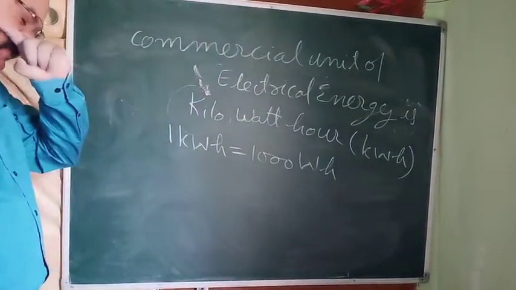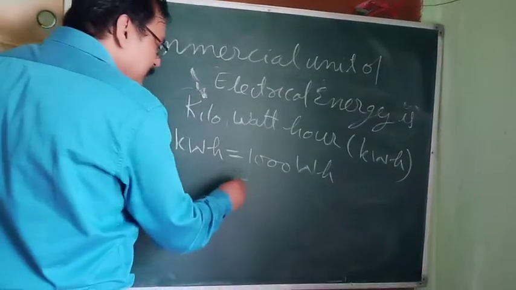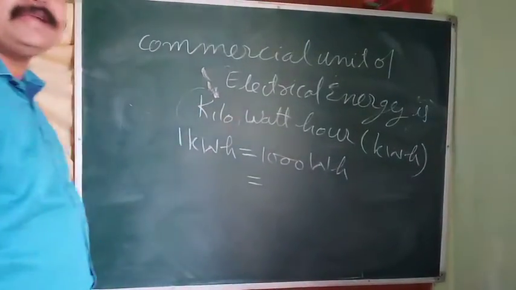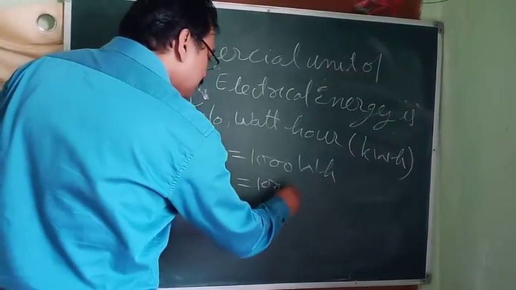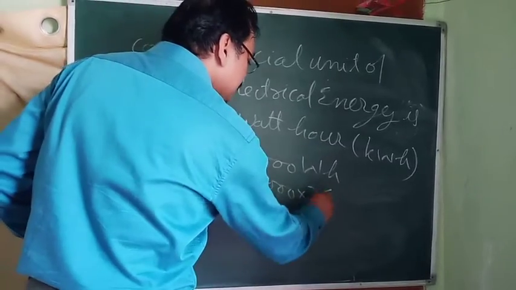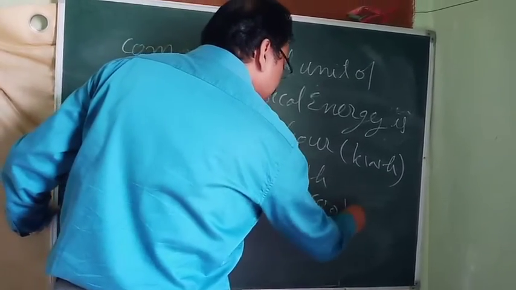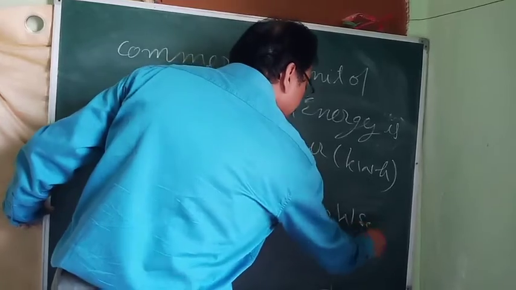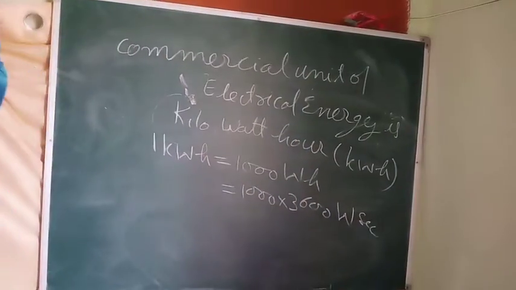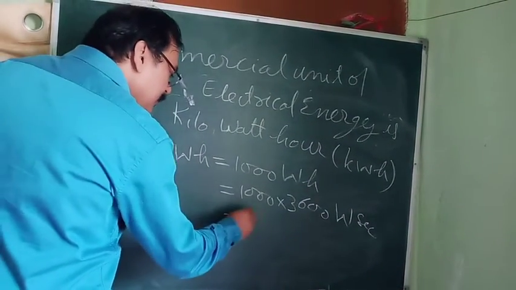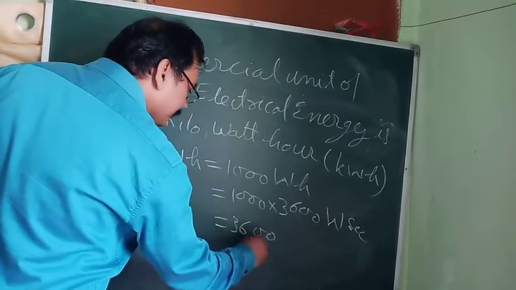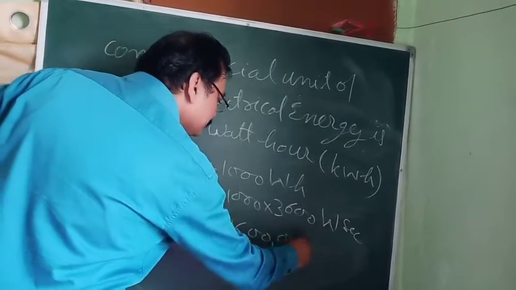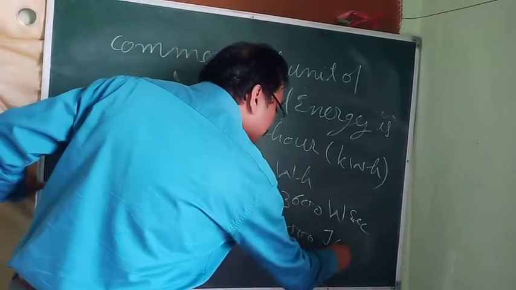Now, how can you convert this hour into second? 1 hour is how many seconds? 3600. So 1000 into 3600. This is watt as it is. This has become second instead of hour. Now, what is watt? Watt is joule per second.